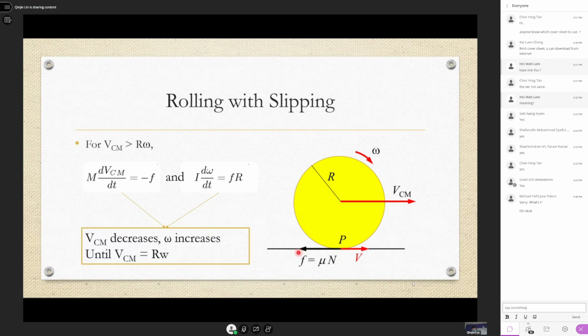Because there's friction involved, this force is trying to get this thing to rotate faster. That's why when this thing is sliding so much to the right, the rotation hasn't caught up. There will be a mechanism such that it will decrease this V_CM, and this F will increase the omega.